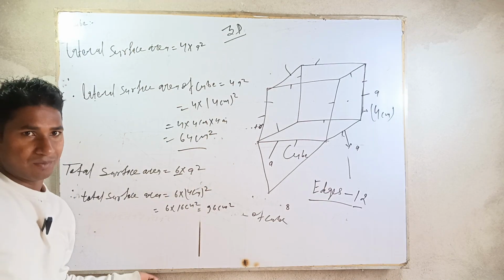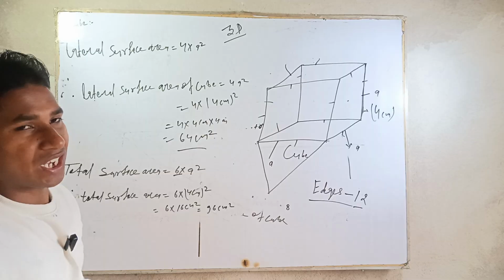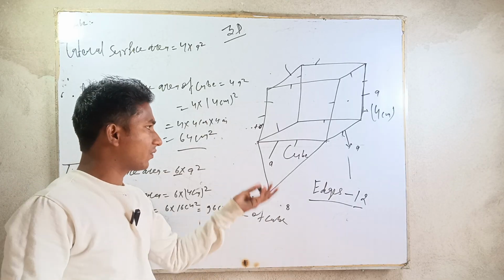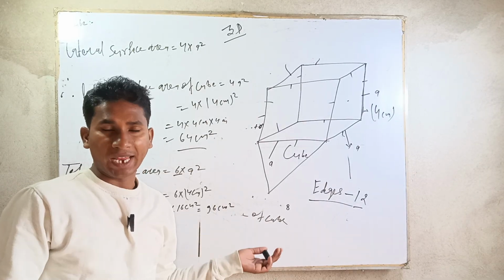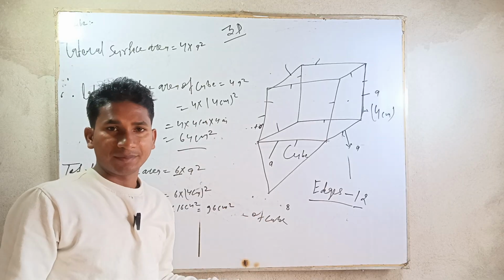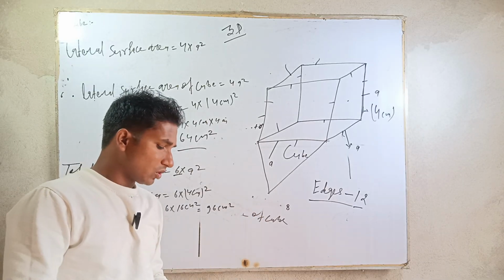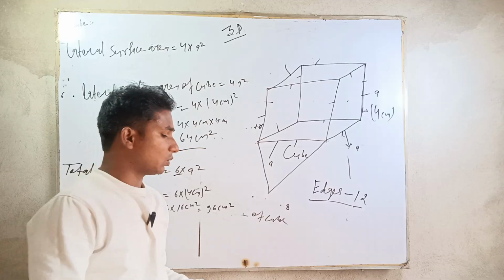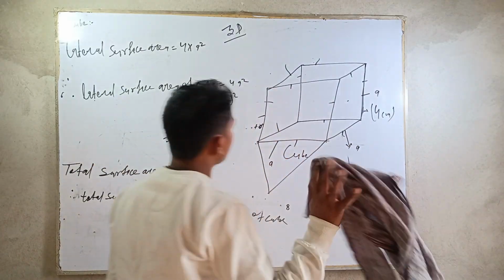So by this process we can find the surface area, lateral surface area and volume of many different cubes. So I studied about cube. Now next is cuboid.